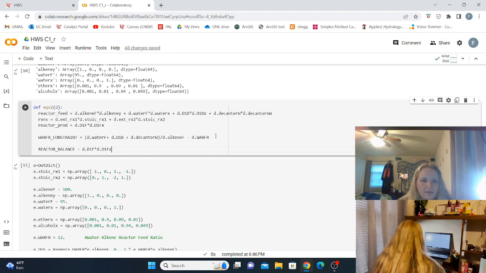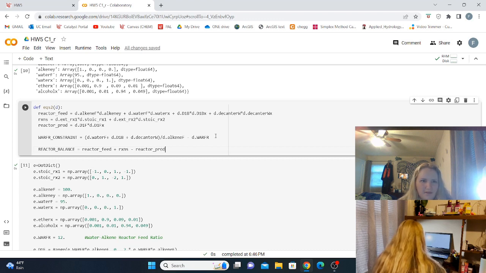Oh no, wait, I moved ahead of myself. Reactor balance is equal to our reactor feed, what we just did, plus our reactions minus our product, so reactor_product.